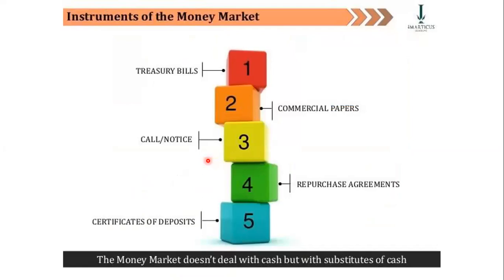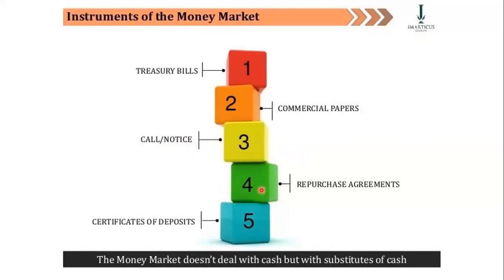When you talk about the instruments traded in the money market, the treasury bill is the most important one. Treasury bills are issued by the government, and commercial papers are issued by companies. Then call notices, sometimes called the interbank call money market.